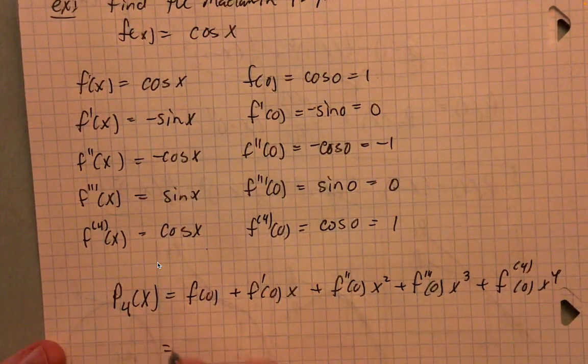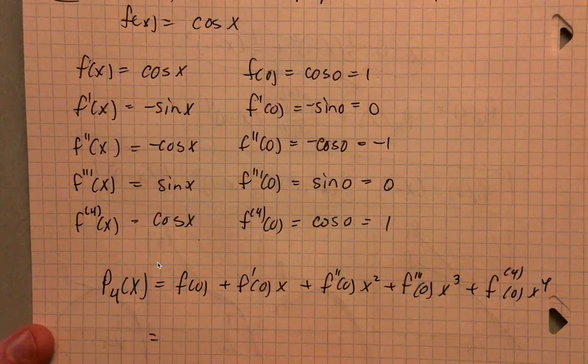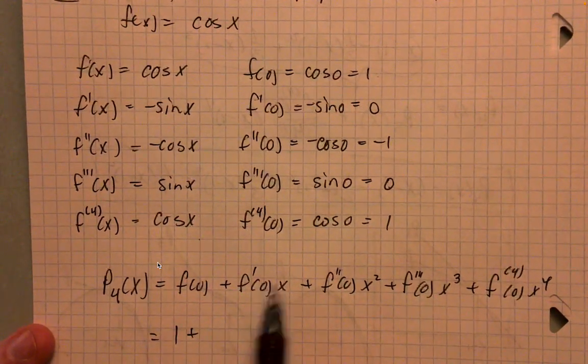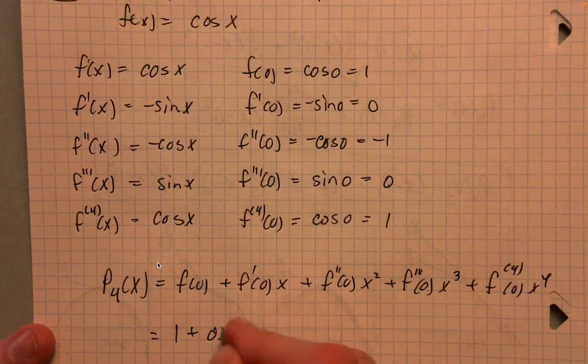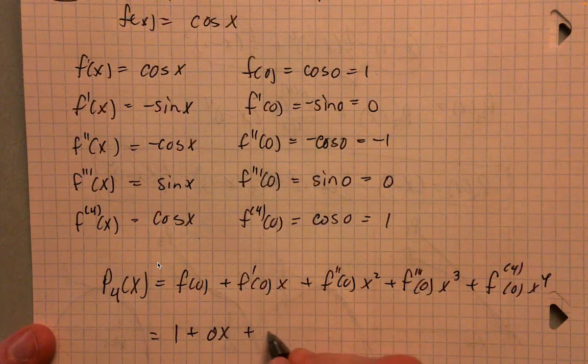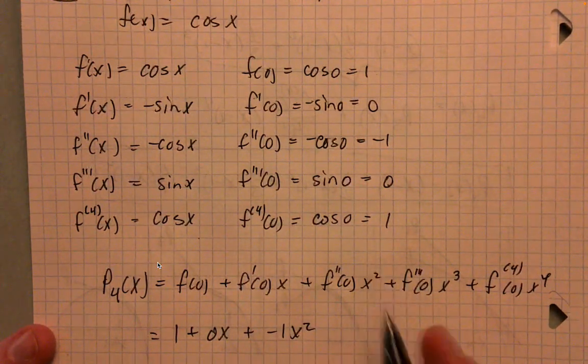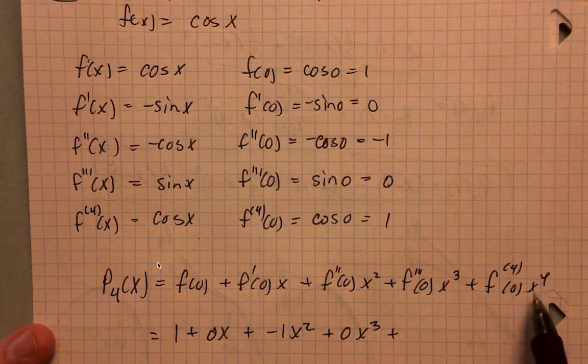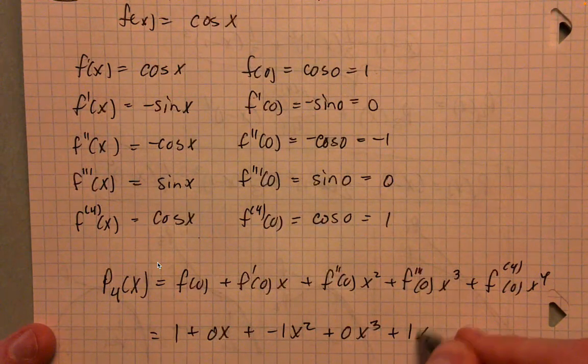So let's plug all these in. F of 0 is 1, and f prime of 0 is 0, so this will be 0 times x. Second derivative is negative 1. Then the third derivative is 0 again. And then the fourth derivative is 1, back to 1.